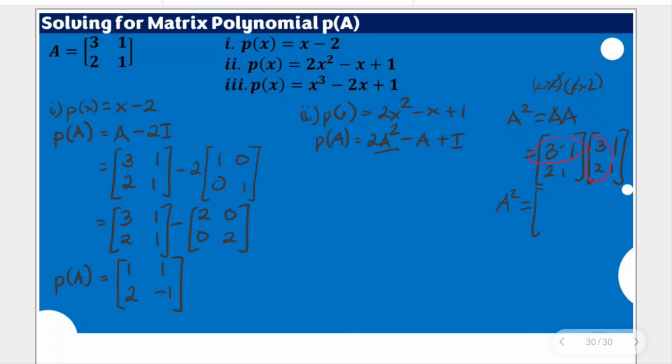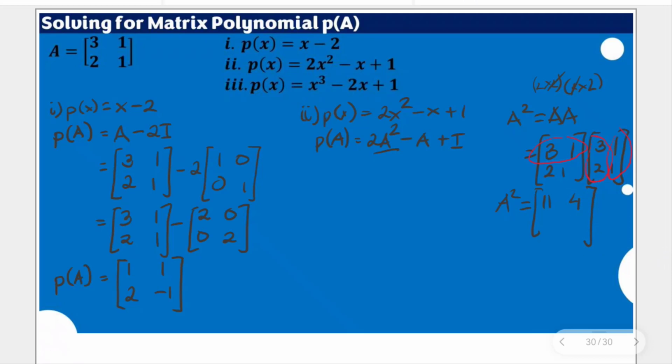So 3 times 3 is 9. 1 times 2 is 2. So 9 plus 2 is 11. Next, the same row to this column. Since they are both 1, 3 plus 1, you will have a result of 4.